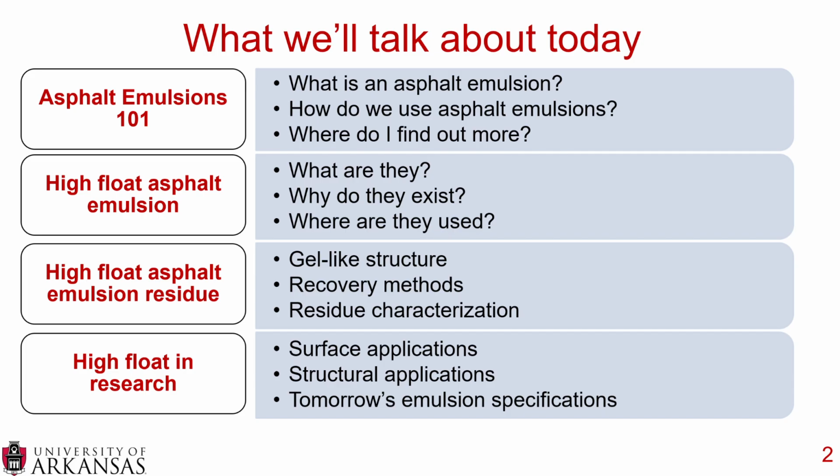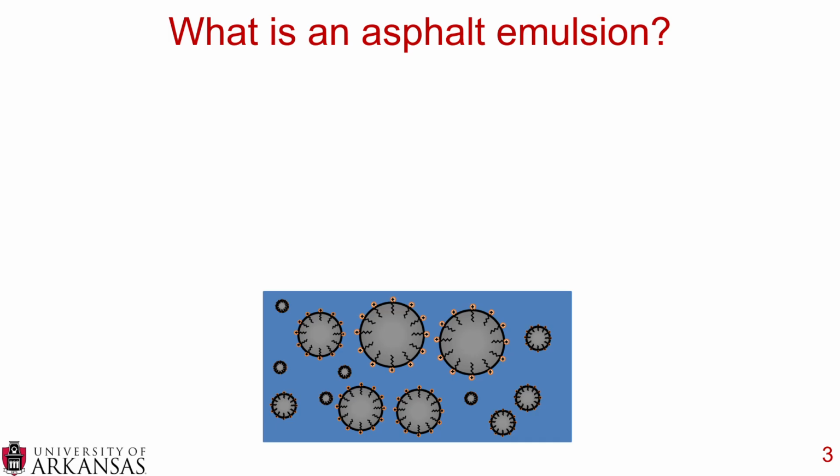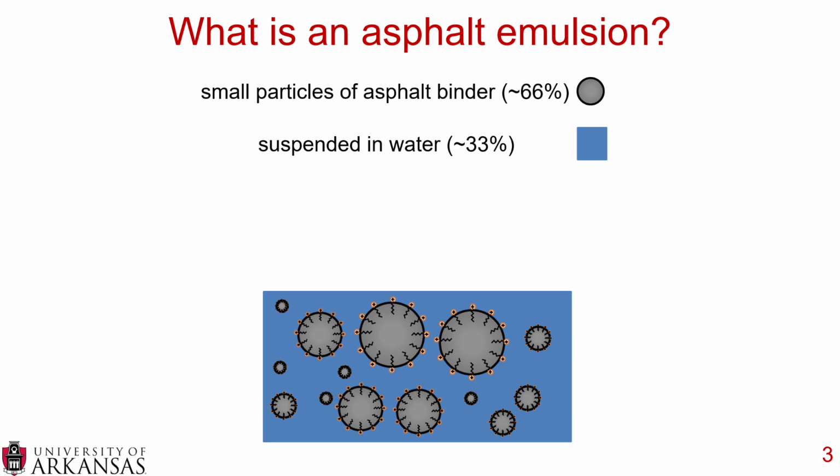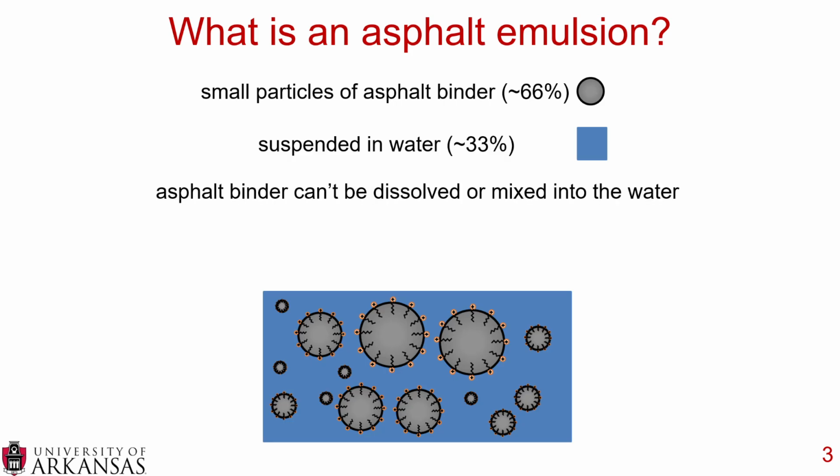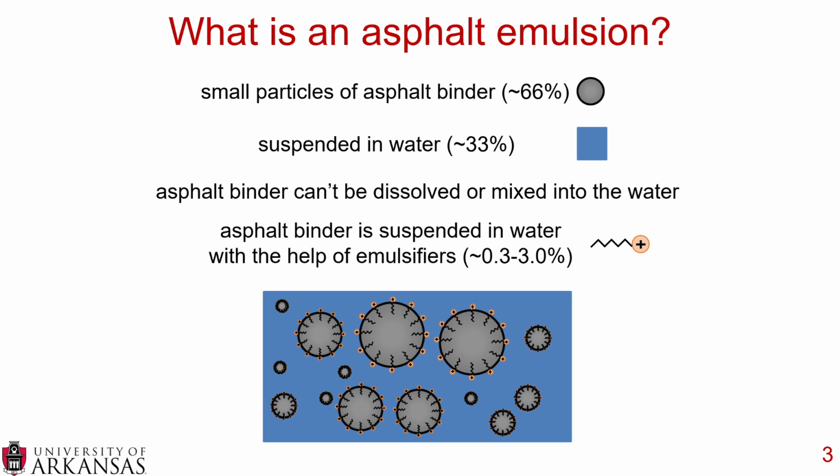So let's start out with what is an asphalt emulsion. Here's a small pictogram of an asphalt emulsion, but an asphalt emulsion is small particles of asphalt binder suspended in water. The asphalt binder cannot be dissolved or mixed into the water, and the asphalt binder is suspended in the water with the help of emulsifiers.